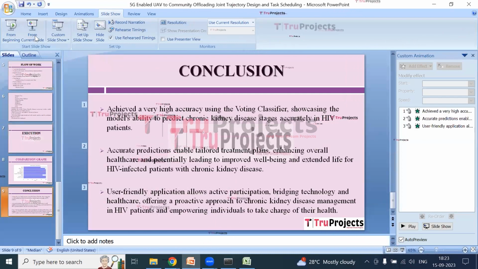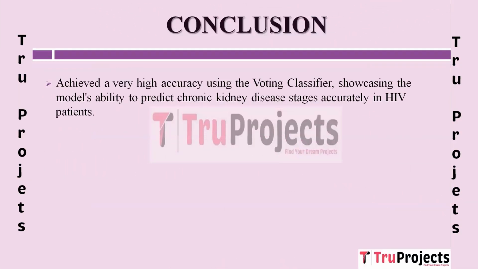The conclusion of the project is that the voting classifier and ensemble model achieved high prediction accuracy by combining insights from various models. This accuracy demonstrates the model's proficiency in accurately predicting chronic kidney disease stages in HIV patients.